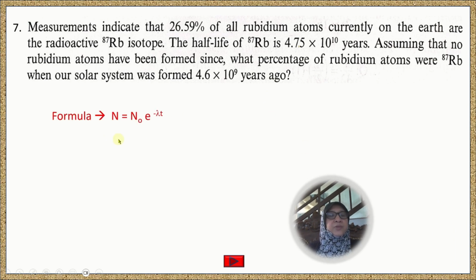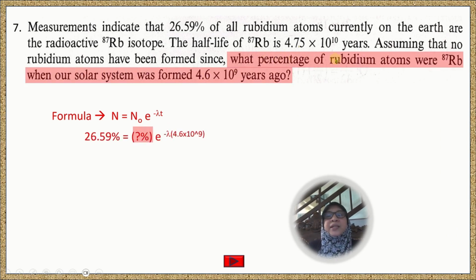Okay, so we are going to use the formula N equals N naught e to the power of negative lambda t. What percentage of rubidium atoms were rubidium-87? This is what we are going to find, so we use the percentage unit. N is 26.59 percent, this is the present percentage.